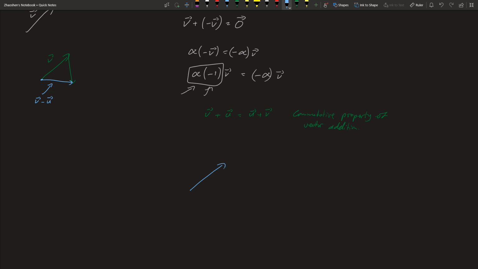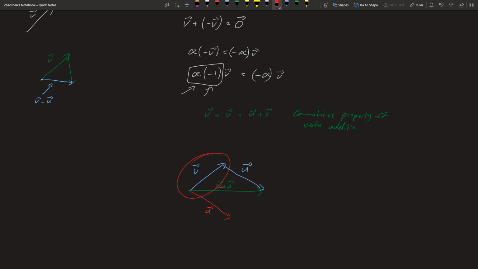You have a vector v and a vector u. This is v, this is u. Their sum is just this, v plus u, right? We all know that. What if I move this vector u over here? So it's going to become, let me draw this, something like this, right? We haven't changed anything about this vector, so this is still u, right? We do the same thing with v.